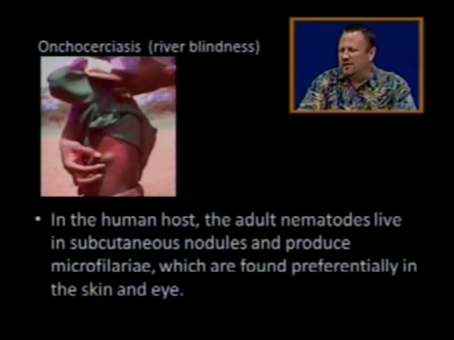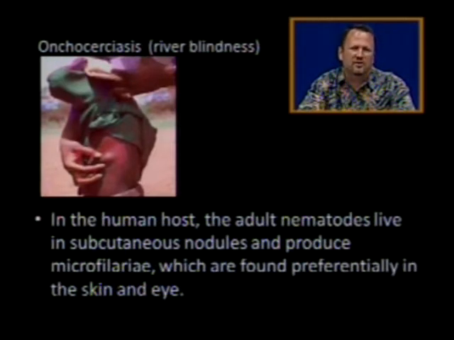So in the human host, the adult nematode, the adult worm, lives in the subcutaneous nodules and produces microfilariae, which are found preferentially in the skin and the eye. So these nematodes, these worms, they will go into the body, become adults, they'll live in nodules under the skin and make babies. And those babies, those worm larvae, are called microfilariae.